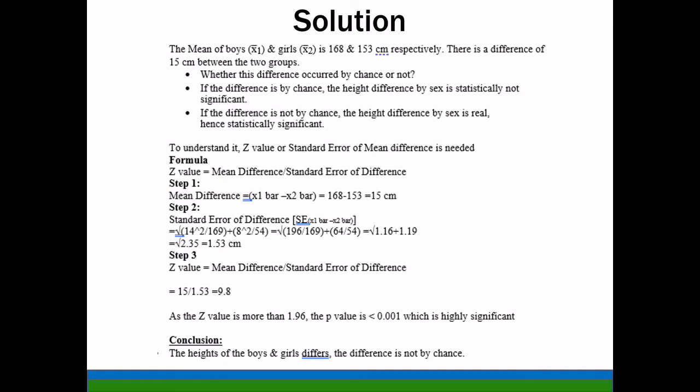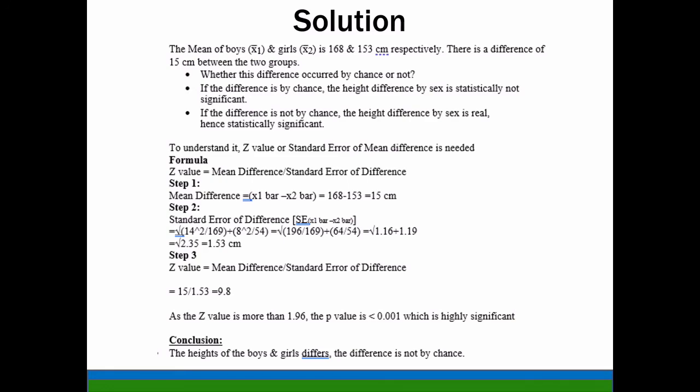If the difference is by chance, height difference by sex is statistically not significant, isn't it? If the difference is not by chance, the height difference by sex is real, hence statistically it is significant. So to understand it, z value or standard error of mean difference is needed. Formula: z value is equal to mean difference by standard error of difference.